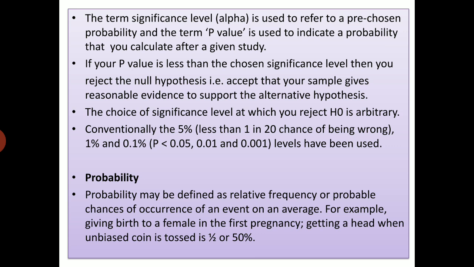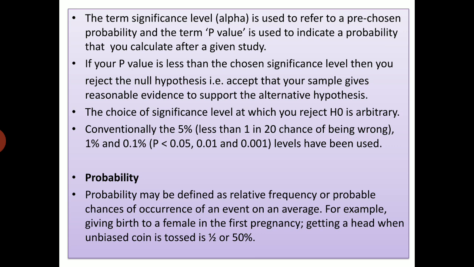Okay, probability. Now, what is probability? It may be defined as the relative frequency or probable chances of occurrence of an event. For example, giving birth to a female in the first pregnancy: what are the chances?